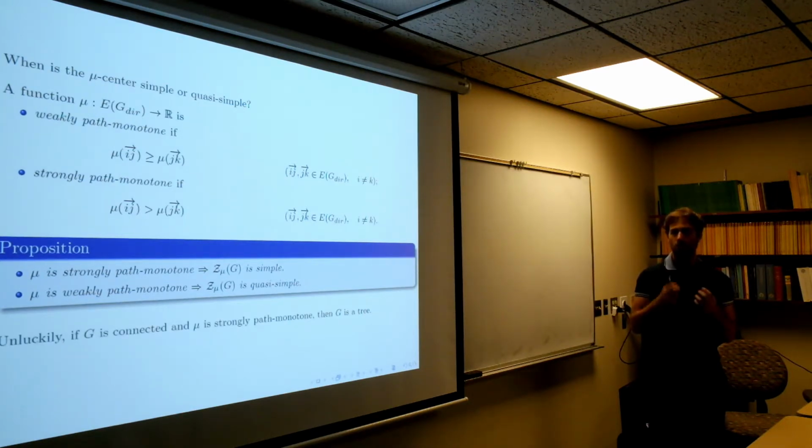Whenever G is connected and mu is strongly path monotone, then if G has a cycle, we could choose this cycle to be a directed infinite path in the graph, and then mu should be always strictly decreasing, which is a contradiction. So in other words, whenever G is connected and mu is strongly path monotone, then the graph G is a tree. So this is a very strong notion. The weak path monotonicity is less strong, so it just requires the edges in a cycle to have the same mu value.